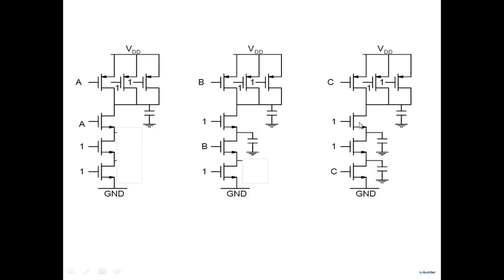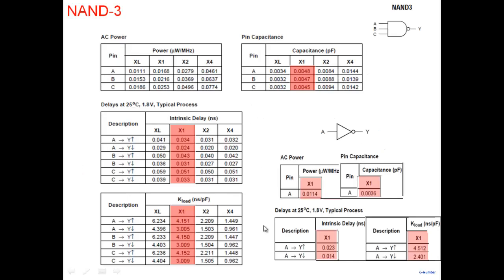To pull this up, it has to go through this, this, and this. Therefore, the current available for pulling this capacitor up is small, because it has to go through these two, through this path here. The current available for pulling this up is a little bigger here, and for this a little bigger here. So the worst case delays come out when you have to pull a node up, and you can see here 0.051 or so.